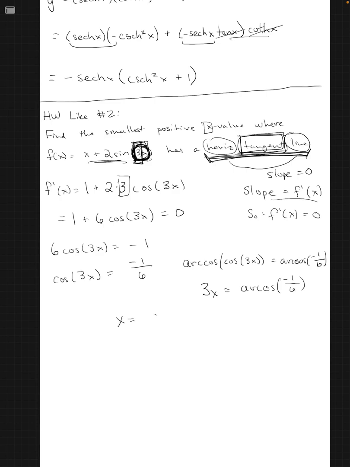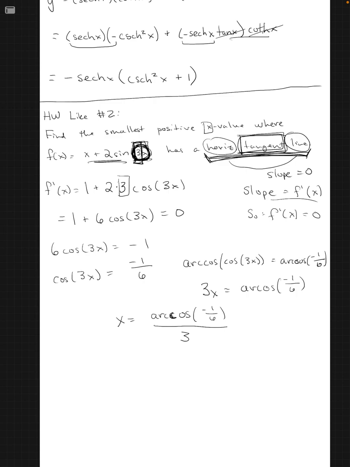So x itself is going to equal this arc cosine thing divided by 3, right? And there was some other wording on the homework software, and that's just telling you that it wants an exact value, so do not plug that into your calculator and round. It wants an exact value.